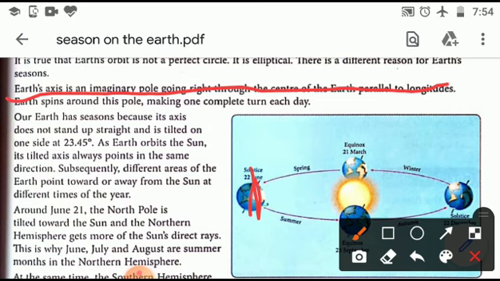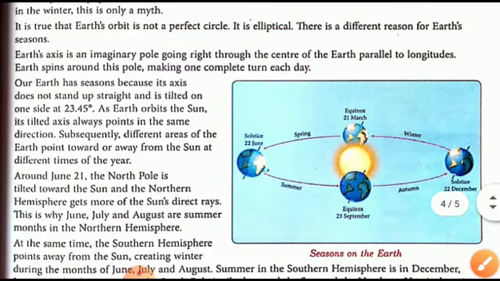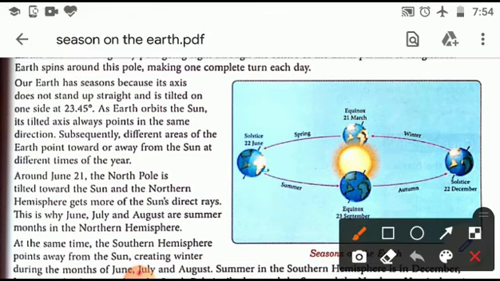On this axis the Earth spins, making one complete turn each day. Our Earth has seasons because its axis does not stand up straight. It is slightly tilted, just like this, by about 23 degrees, and it is rotating on its axis.